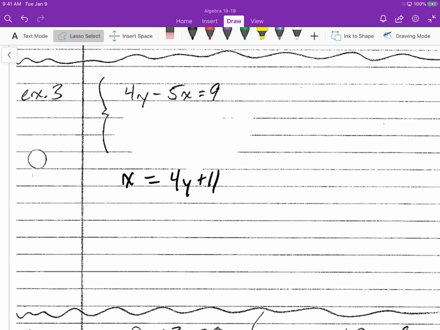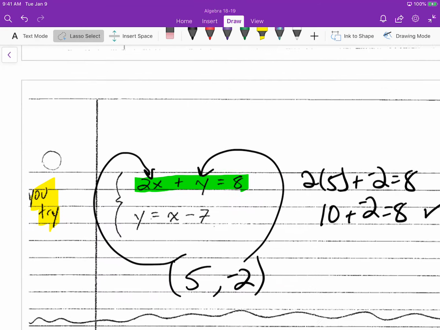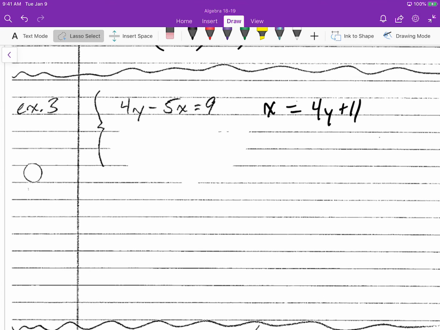And now I do a little grab here, drag it up here. Oh, can't see it with the white out. I thought I could be cool. So I'm just going to take it here. And so now I know 1x is equal to all of this stuff, 4y plus 11.